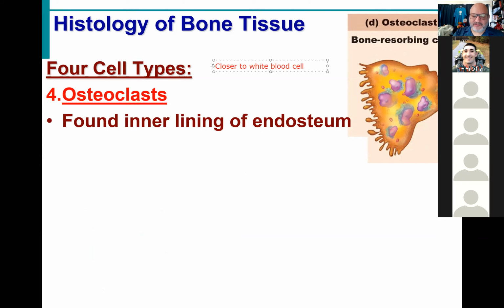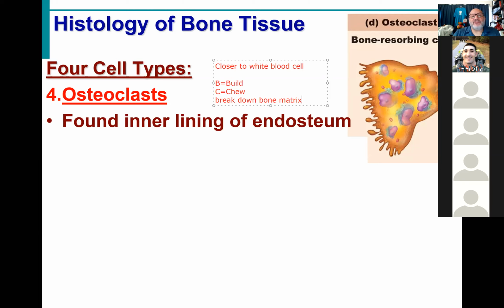And again, remember we said the B in blast equals build. Well, then the C in clast, I guess, equals, I don't know, chew, something like that. Because the job of the osteoclasts is to break down bone matrix. Our osteoblasts build new matrix, and our osteoclasts break down old bone matrix.